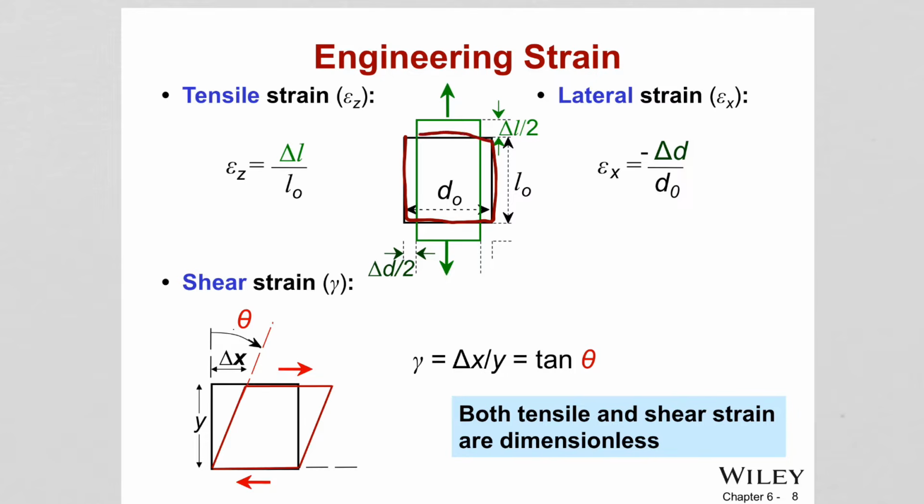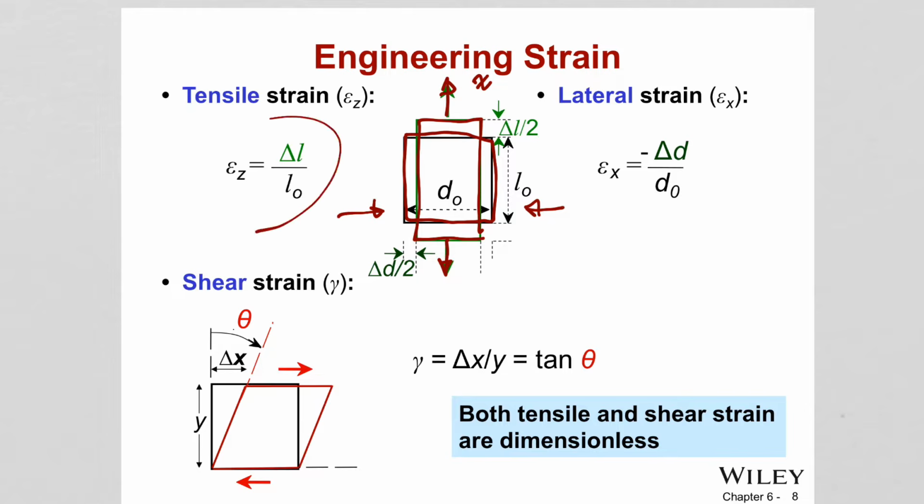And then we pull this, and when we pull the mid part, it's going to elongate, but when it's elongating in the z direction, in the lateral direction, it will act like it is compressed. It will get smaller. So if you're going to define the deformation, you need to be careful in which direction you are defining that.